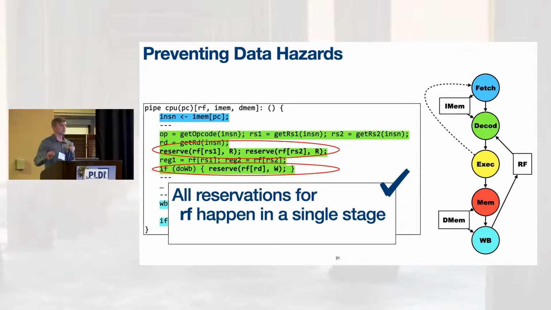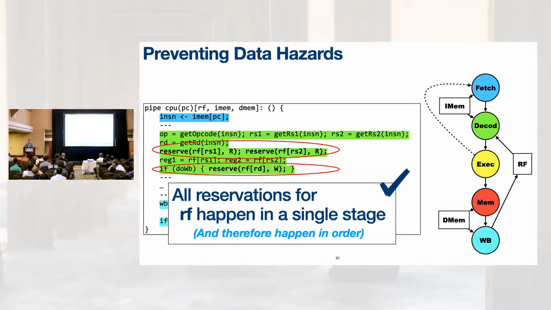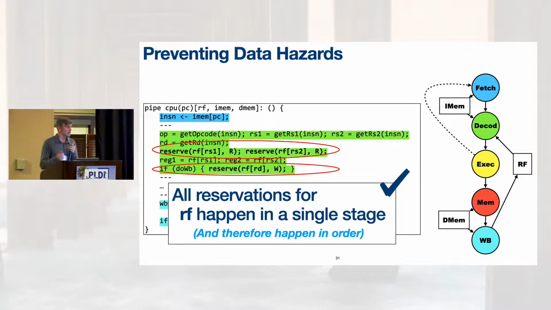And the PDL compiler says, great, this looks good to me. This will type check because all of the reservations that could alias, that could be hazards, are happening in a single stage. And we know there's only one instruction in a stage at a time. And so they must be happening in instruction order. And we know the lock is being used correctly to enforce data dependencies, whichever implementation of lock we have.